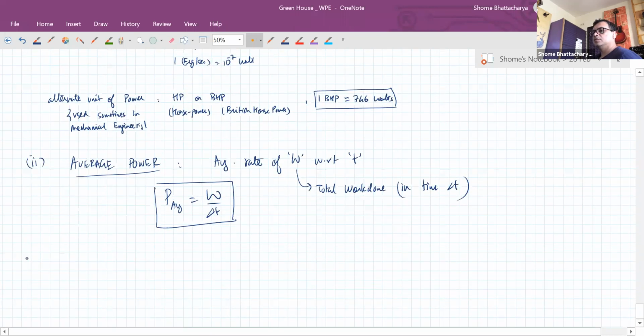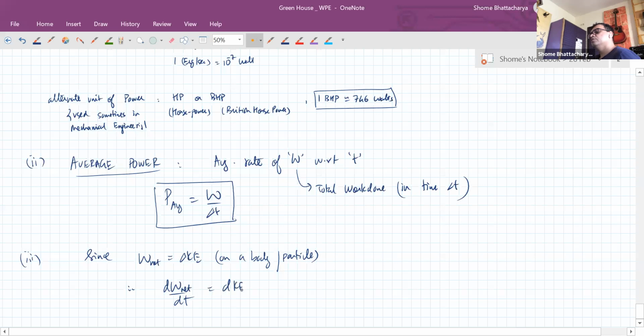And the third thing is that since net work done is equal to change in kinetic energy of a body or particle, the rate of net work done with respect to time becomes the rate of change of kinetic energy. So that is net power.